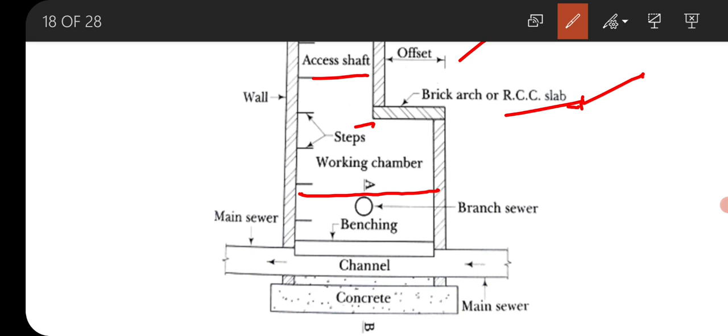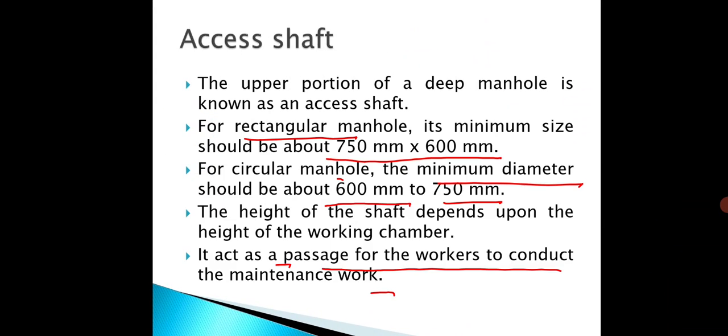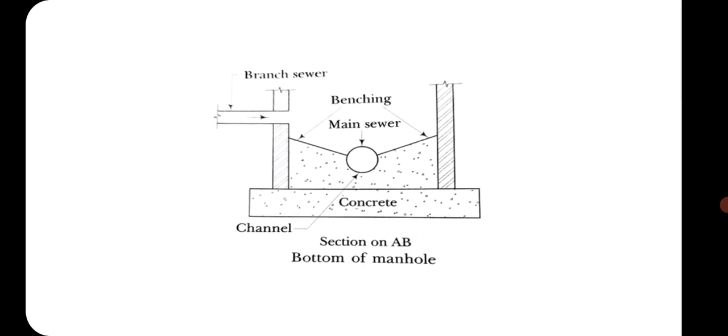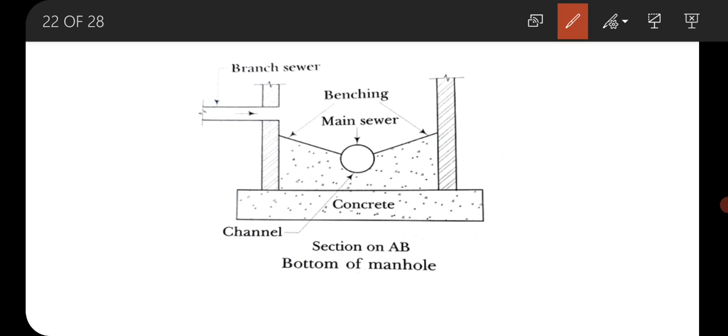Here we have taken a section A, B. See here, this is the A and this one is B. So section is taken in this direction and this is the bottom portion on section AB. So this is the diagram of the section on AB to show you the bottom of the manhole.